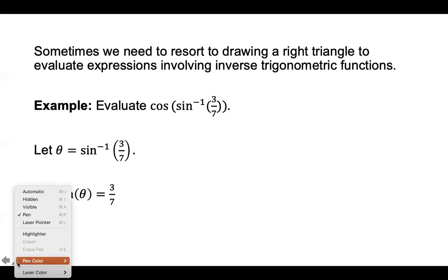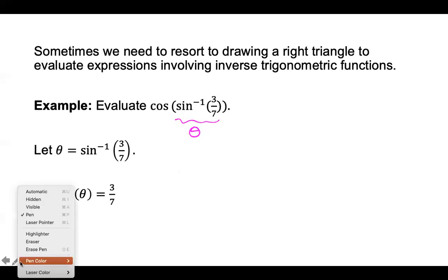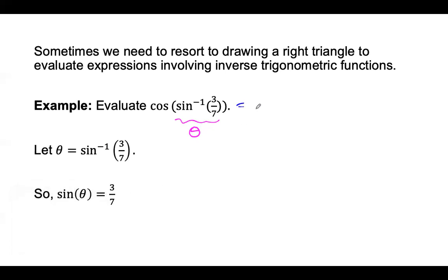So we could say, and sometimes we let this part here equal to theta, where sine inverse of 3/7 is equal to theta. So then this becomes cos of theta, where theta is equal to sine inverse of 3/7.